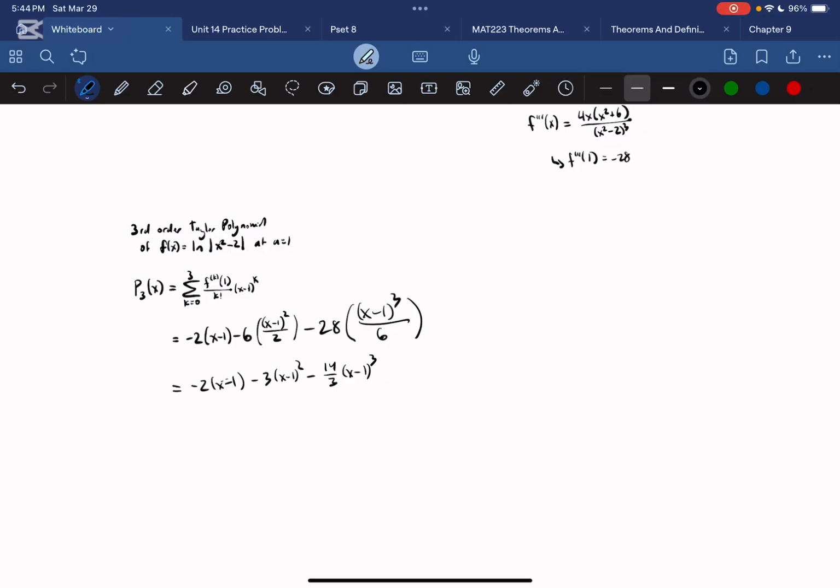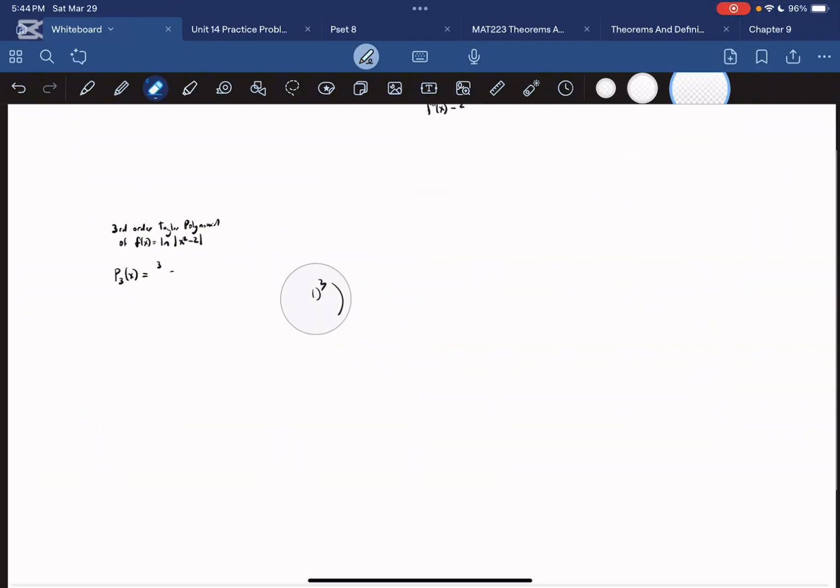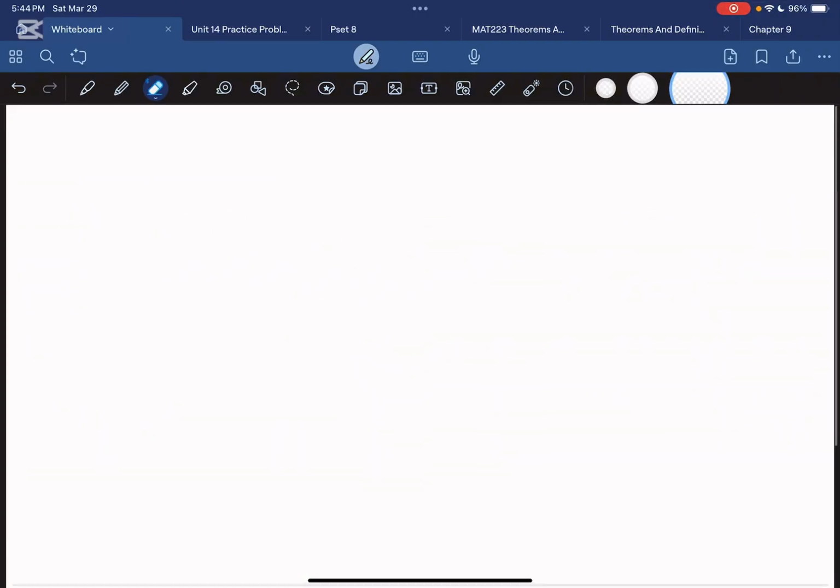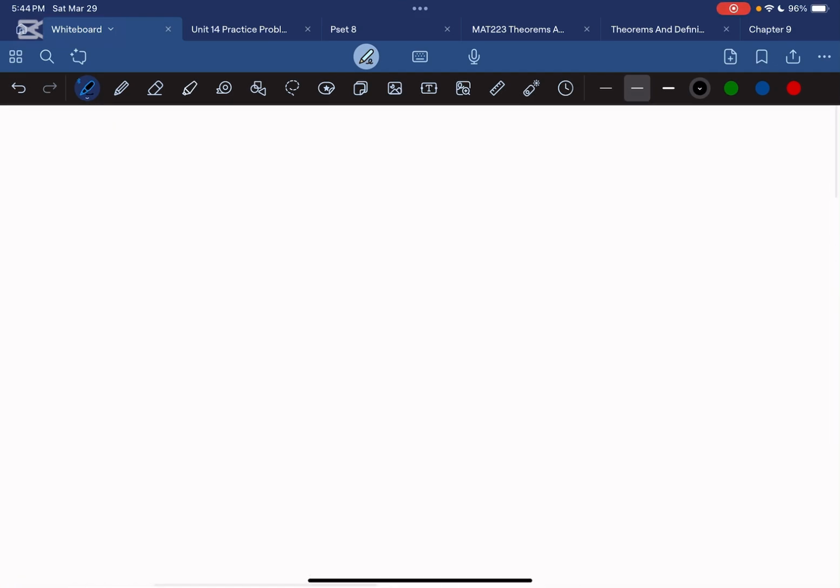So, let's see. Now I'm going to introduce some properties of Taylor polynomials. First, let's have this notation just for ease of use.